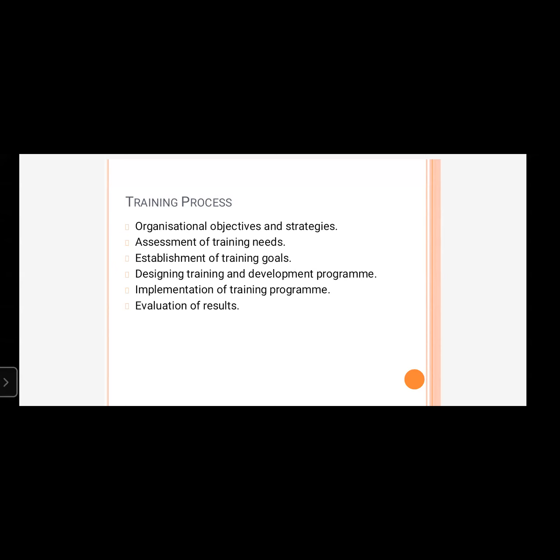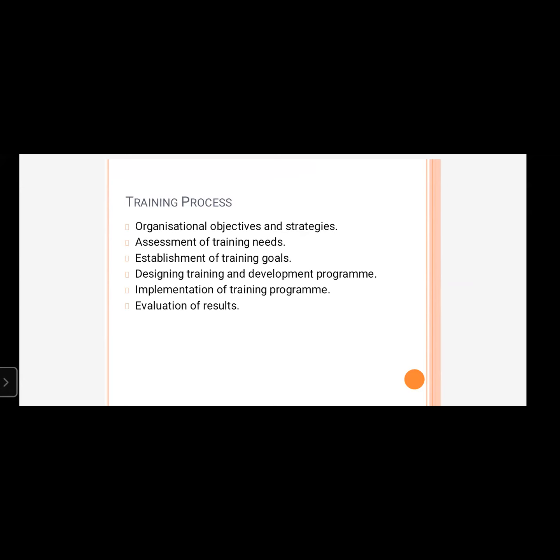If such a training program is designed, then the results will be negative because every employee may have a different type of training need, or if 50 people are there in the organization, they may require 5 or 6 different types of training. So one type of training cannot be provided to each and every employee of the organization.